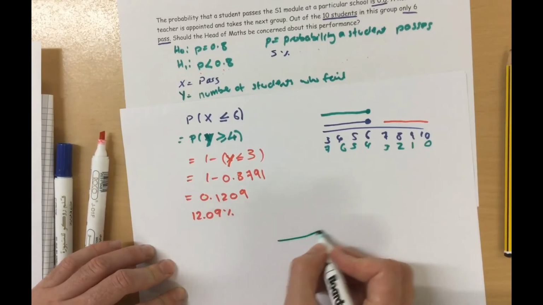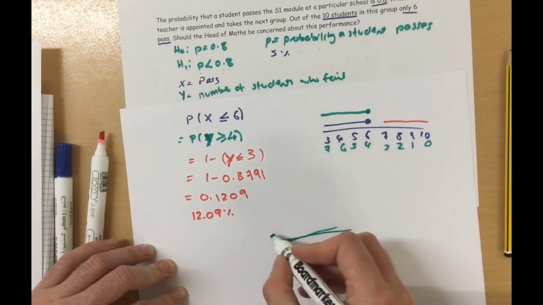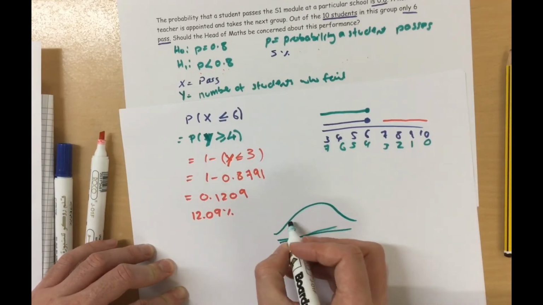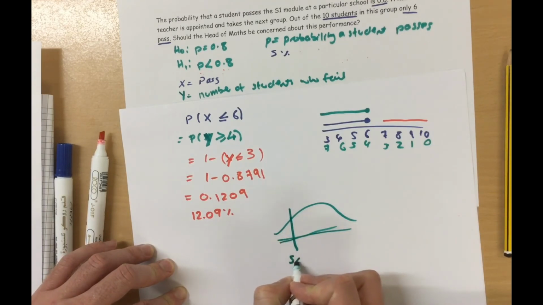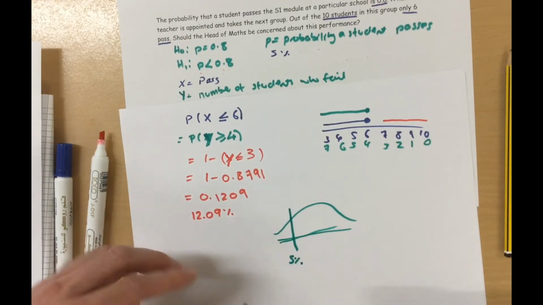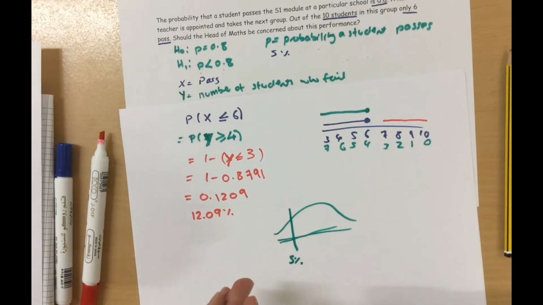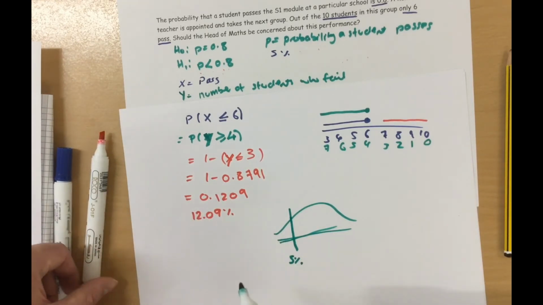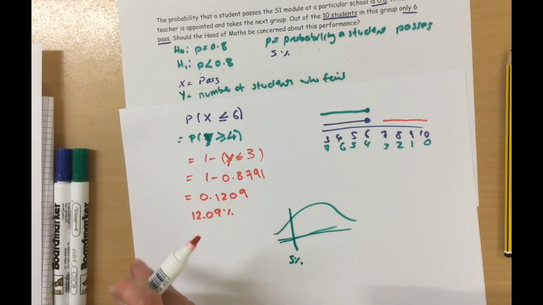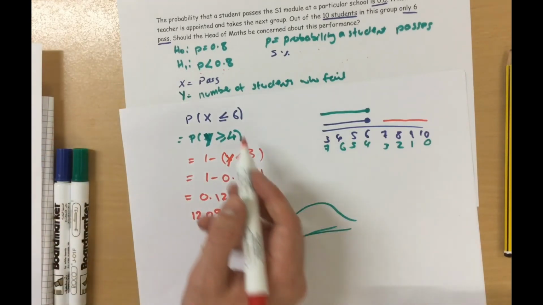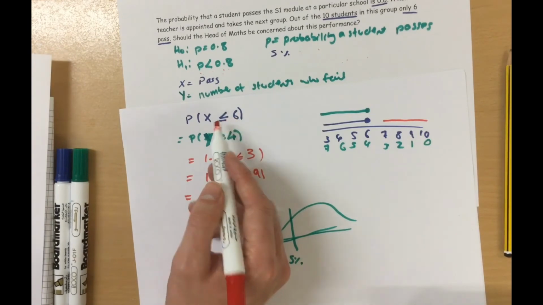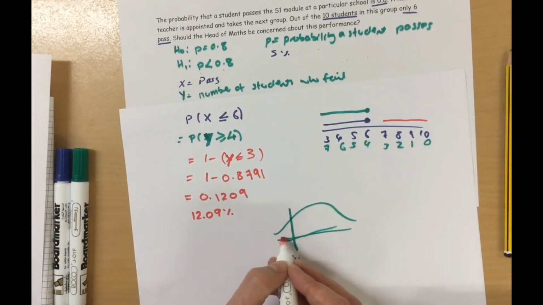Now, and again, I know it's not a normal distribution, but just to describe it, given we're talking about a 5% significance level, we'd be suspicious if the chance of getting 6 or fewer to pass was less than 5%.